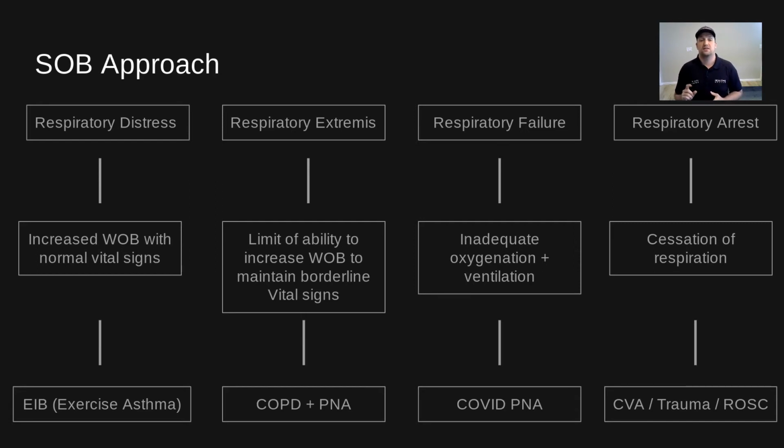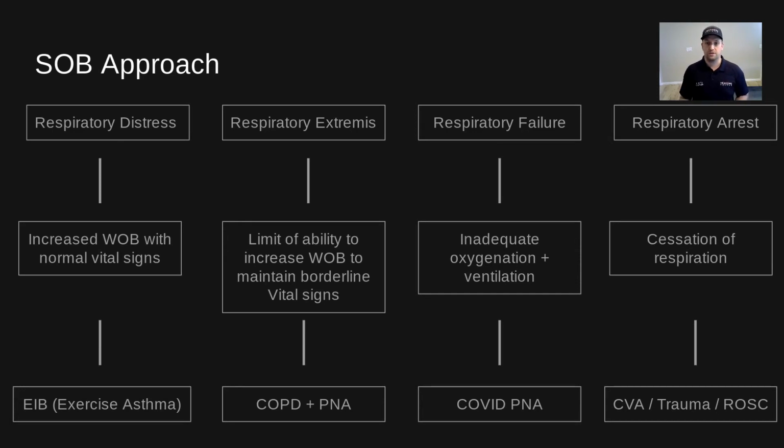So the definition is they're at their limit of the ability to increase the work of breathing to maintain borderline vital signs. This person's breathing 34 times a minute, maybe borderline 88, 87% SpO2, not good skin signs, but they're maintaining their mentation. They can follow commands. They're able to maintain their airway. Example would be a COPD exacerbation, or maybe COPD complicated by pneumonia together.